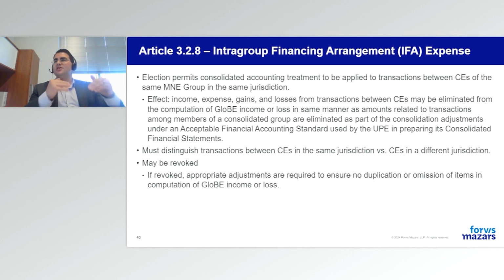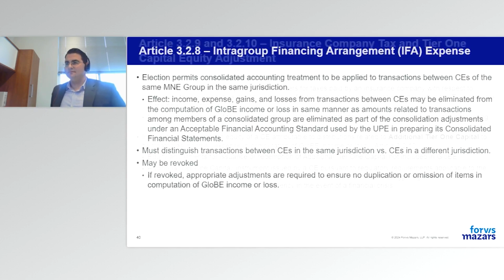You start to see some strong similarities between Article 3.2.8 and the CFC grouping election under 1.163(j)-7 of the U.S. Treasury regulations. So think about it in that context, just for those that are in the U.S. standpoint. Great. Thank you, Justin.